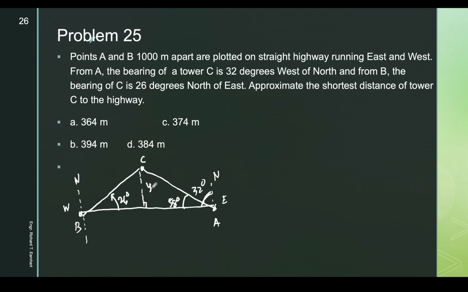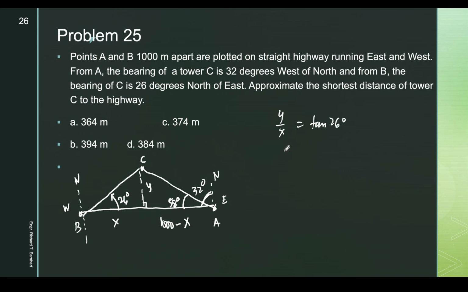So if that is 1,000 meters apart, so if this is X, the other distance should be represented by 1,000 minus X. Okay? So you have two right triangles here. So Y over X is tangent of 26 degrees.